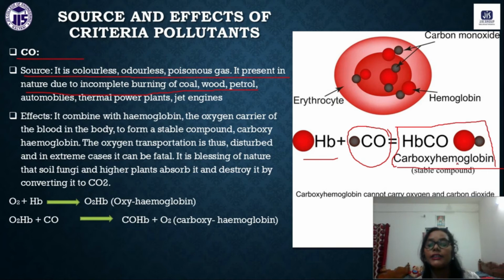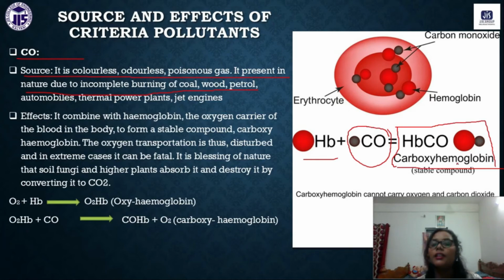Hemoglobin can attach with the oxygen molecule, and by blood circulation the oxygen molecule can reach each and every cell with the help of this hemoglobin. Now, if the hemoglobin is bound up with carbon monoxide, it cannot carry the oxygen.